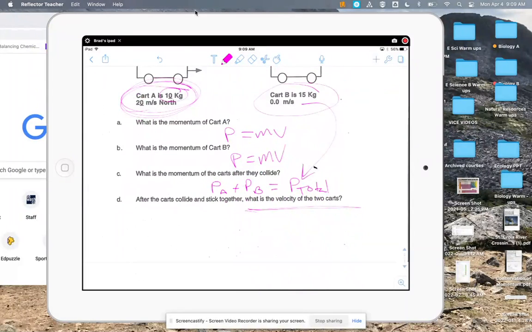You know their total momentum after the collision, so you're going to plug this down here. You know both of their masses, so mass A plus mass B, multiplied by V. And you're going to solve for V using algebra.